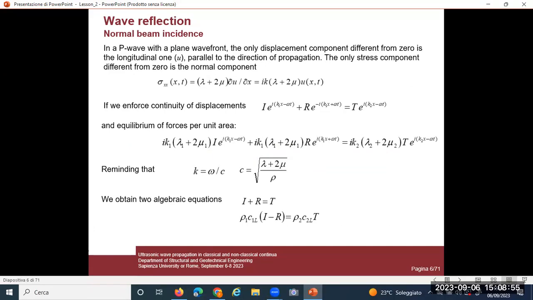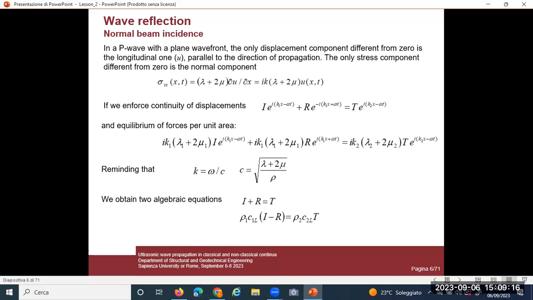Okay, if we've got a P wave with a plane wavefront, the only displacement component different from zero is the horizontal component in this case, which I have called U. And this is parallel to the direction of propagation.